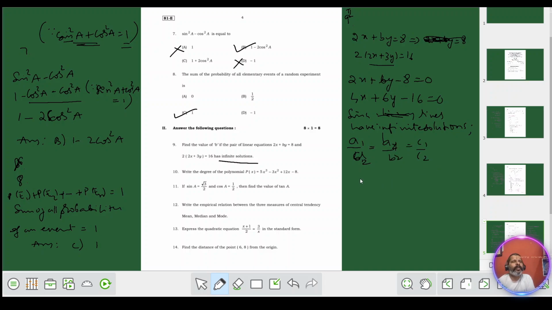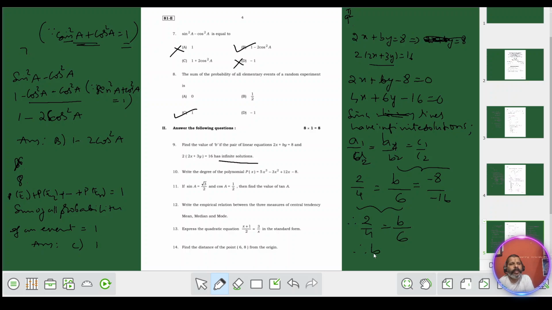What is A1? 2 by 4, A2 is 4. B by 6. Or you can put it like this: equal to minus 8 by minus 16. You take either of these ratios, it will work out. So I'll take 2 by 4 equal to B by 6.